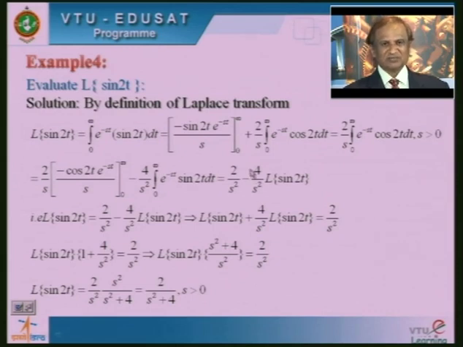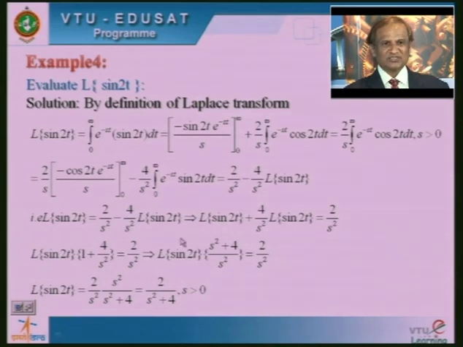After simplification, we obtain 2 divided by s square minus 4 by s square into Laplace transform of sine 2t. Or the same equation can be written as Laplace transform of sine 2t is equal to 2 by s square minus 4 by s square into Laplace transform of sine 2t. So you can take the Laplace transform of sine 2t terms together: Laplace transform of sine 2t plus 4 by s square Laplace transform of sine 2t is equal to 2 by s square.